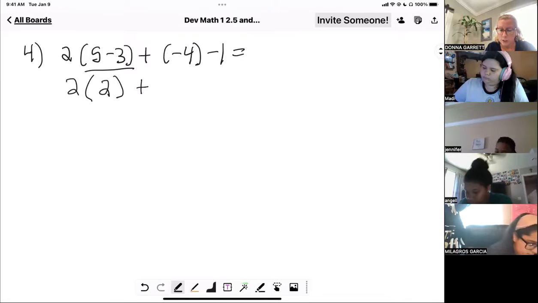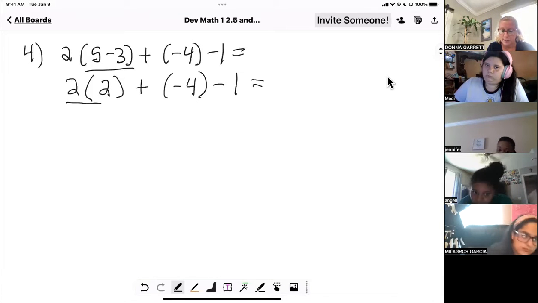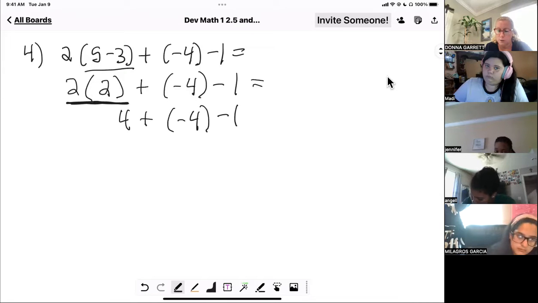Now this one is parentheses 2, but I'm going to leave it in parentheses because it's simplified. It's just in parentheses because it's negative. Now I definitely have multiplying here, which should be next. I don't have exponents, so I'll go multiplying or dividing, whatever comes first. 2 times 2 is 4, plus negative 4 minus 1.